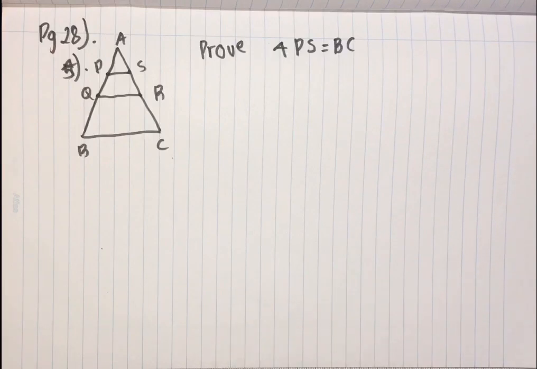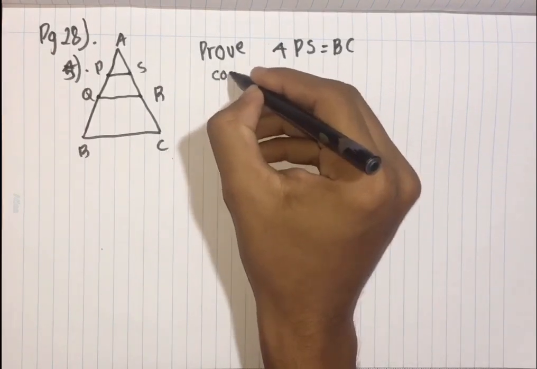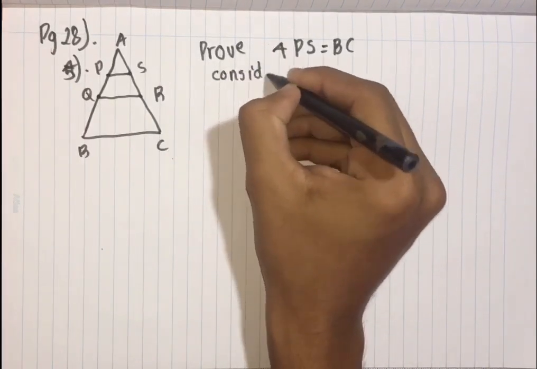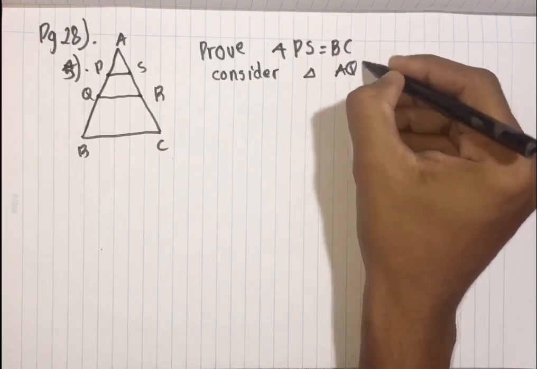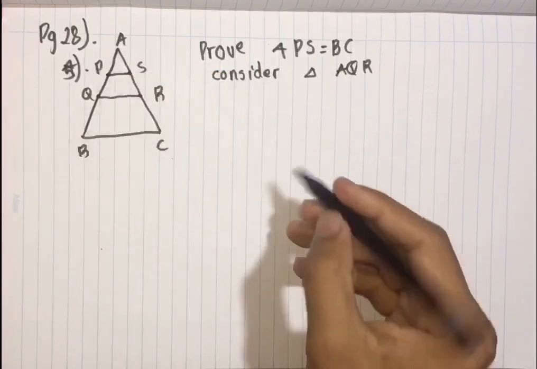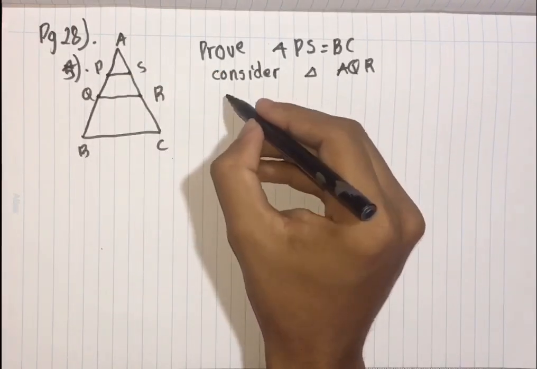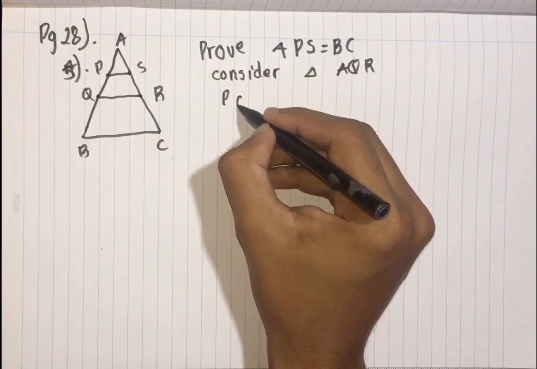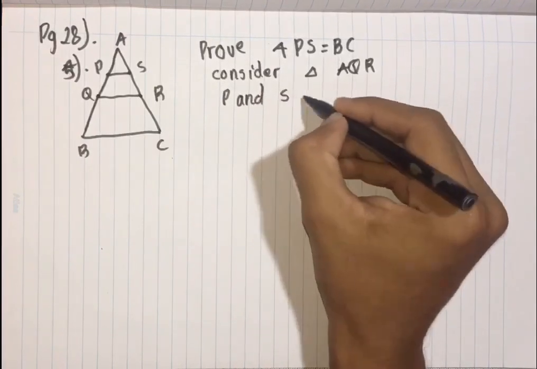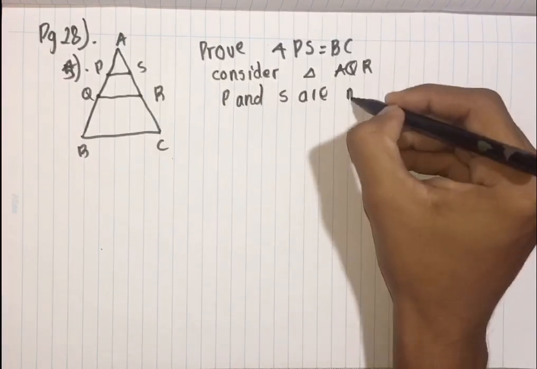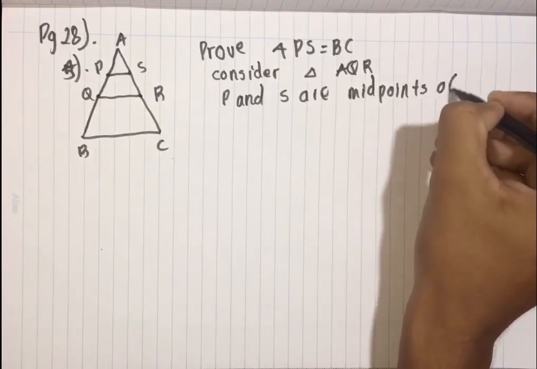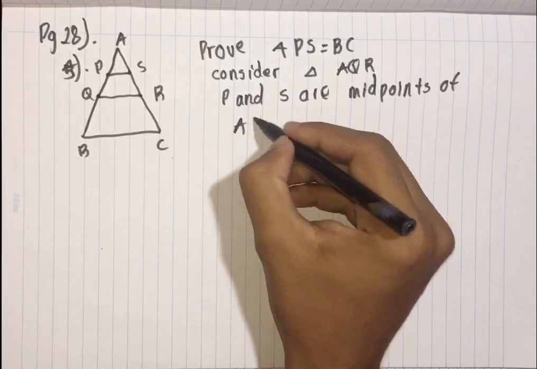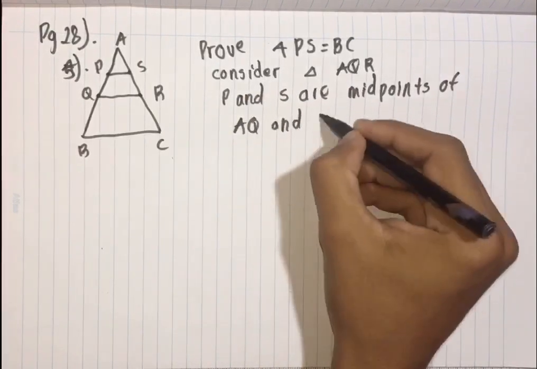Okay, first we'll consider triangle AQR. If you consider this triangle, you can write a statement that P and S are the midpoints of AQ and AR respectively.